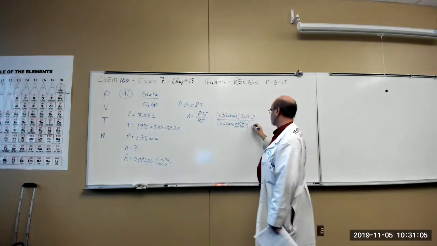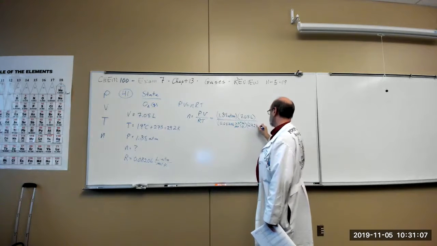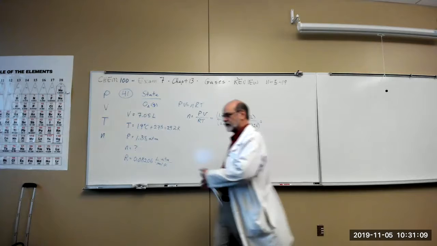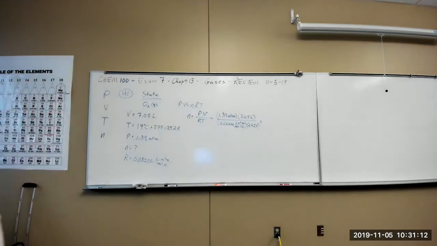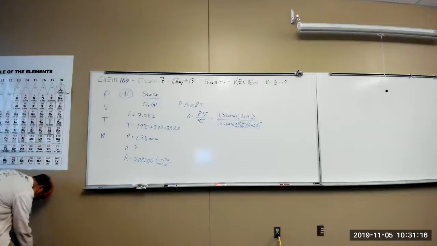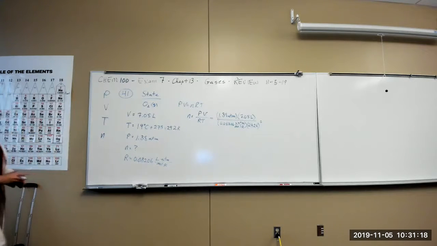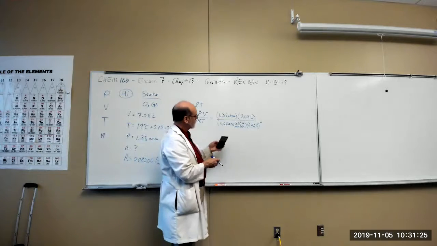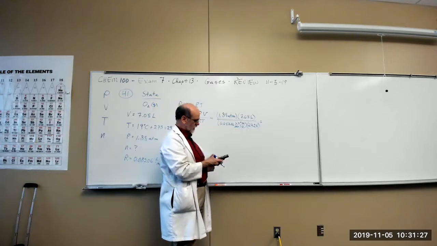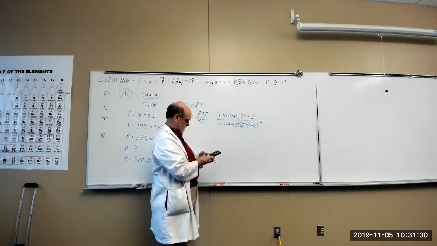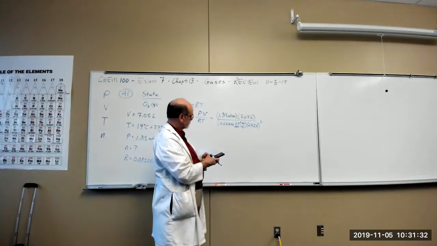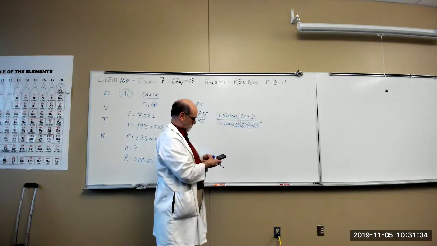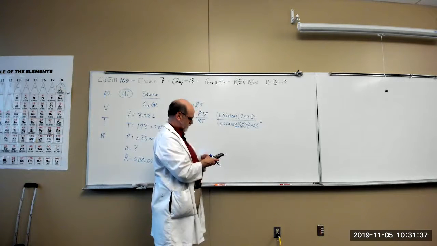And temperature. So let's see if I get the same answer as the answer key. I'm going to find my calculator. All right, 1.38 atmospheres, 7.08 liters, gas constant, and temperature.